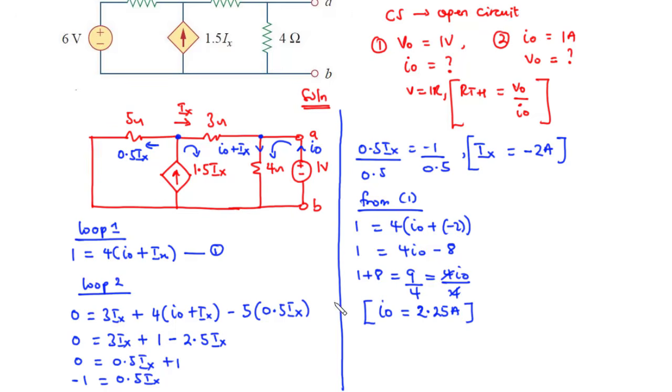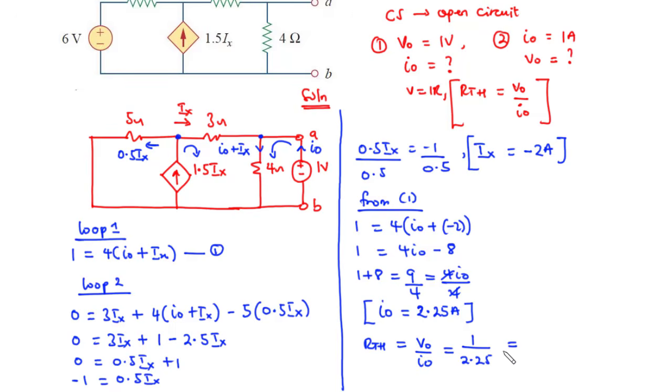Now since we have the value of V0, which is 1 volt, and I0, which is 2.25 amperes, what this primarily means is that we can find Rth, that is the resistance between the two terminals, or the Thevenin's resistance, to be equal to V0 over I0, and that is equal to 1 over 2.25.